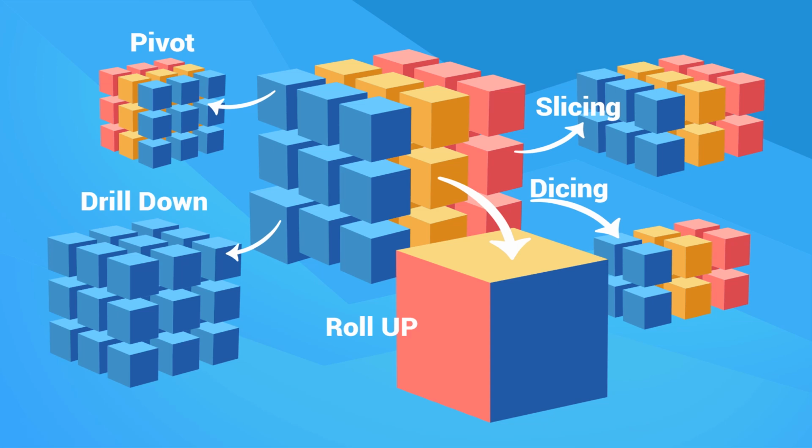So you see here pivot, drill down, roll up, dicing, slicing. It means that when we have a lot of data, we extract it and make it more meaningful. Drilling down gets more details about things, rolling up gets information about one thing but from different dimensions.